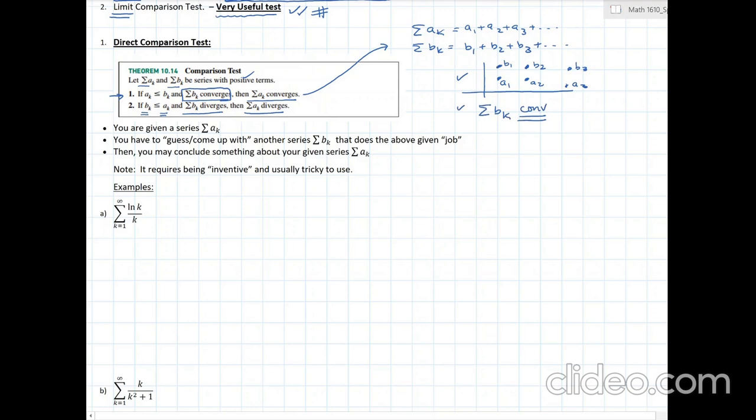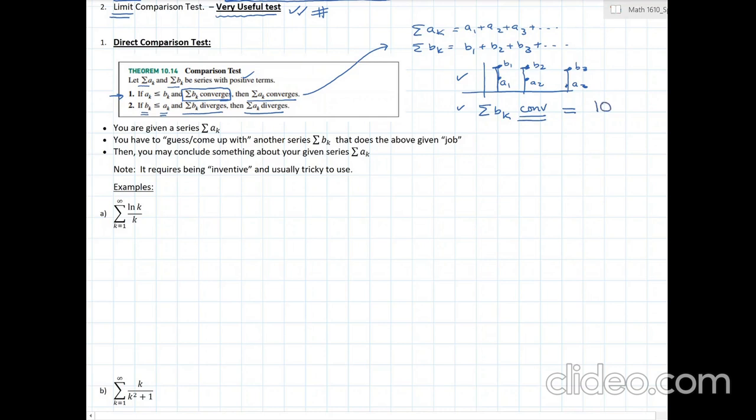That means all these heights, remember series BK means B1, this height plus this height plus this height. When you add up all these heights, this adds up to a number. Let's suppose it adds up to 10.